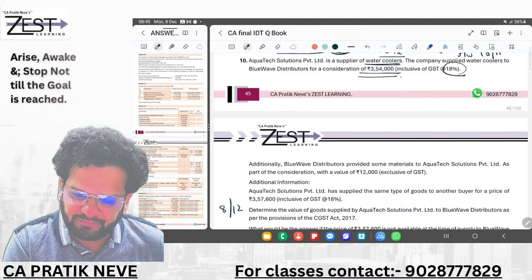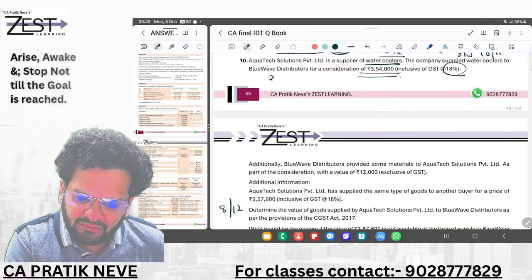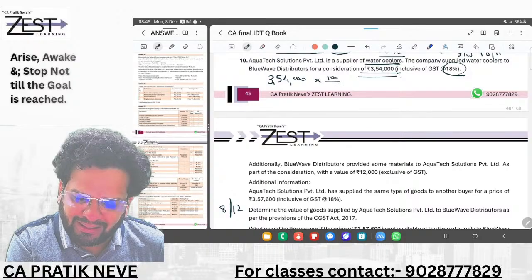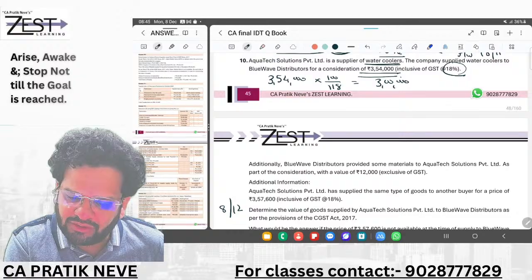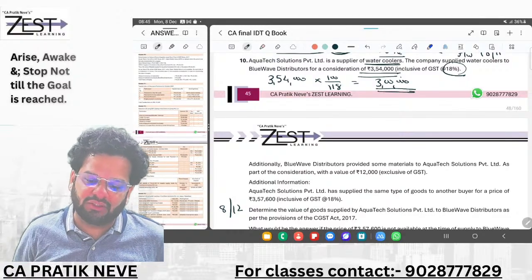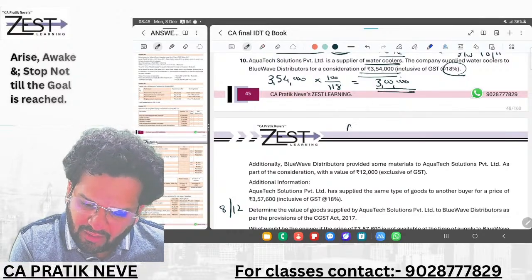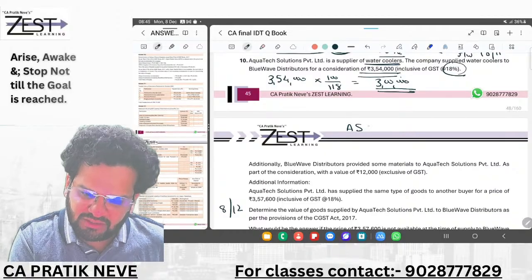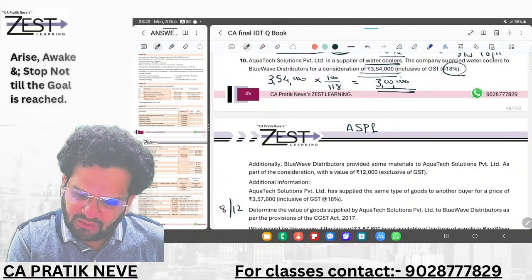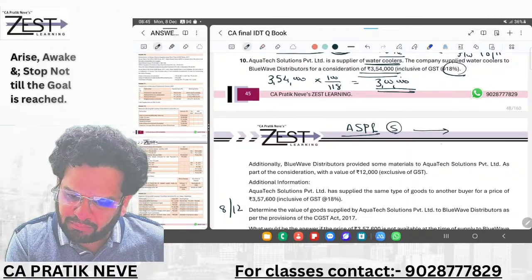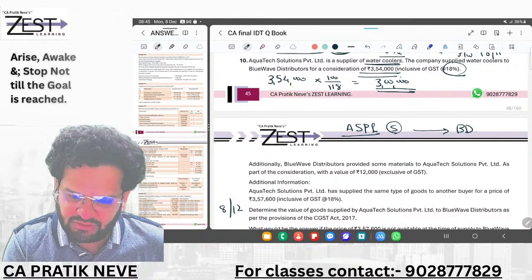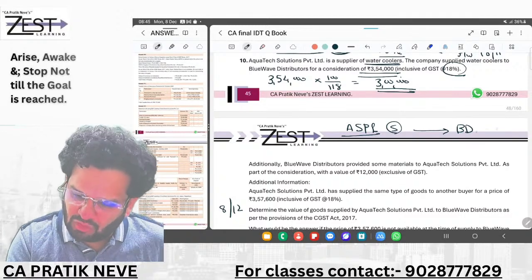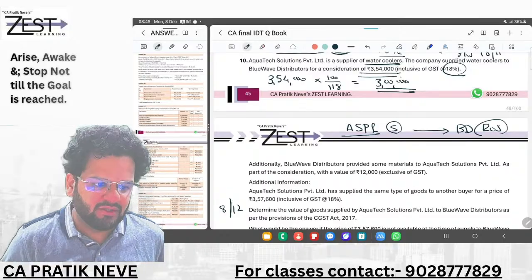In short, you know that 354 into 100 by 118, 3 lakh will be the value for which they have provided the water coolers. Who? Aquatech Solutions Private Limited. So they are suppliers and they have supplied to whom? Blue Wave Distributors. Okay. So Blue Wave Distributors is recipient of supply.